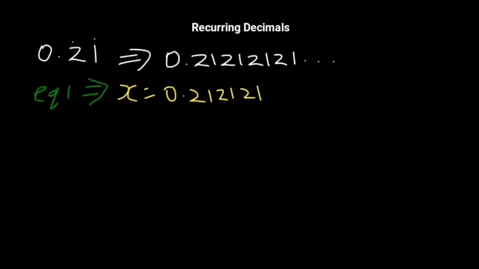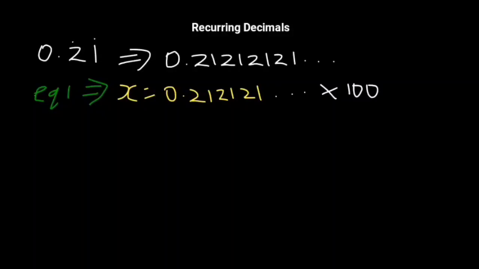After we've labeled our equation 1, we look at our decimal, and we know that it has two recurring numbers. So from our rule, we need to multiply by 100. So we need to multiply our equation 1 by 100.